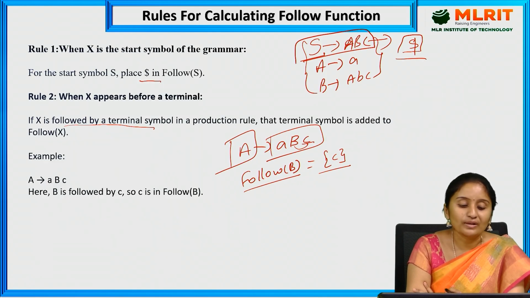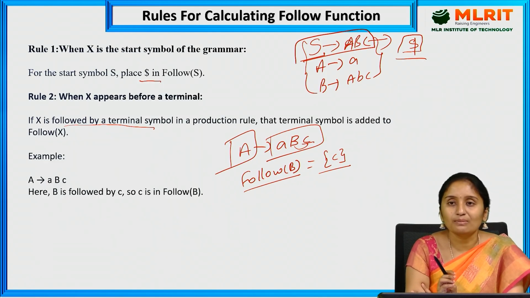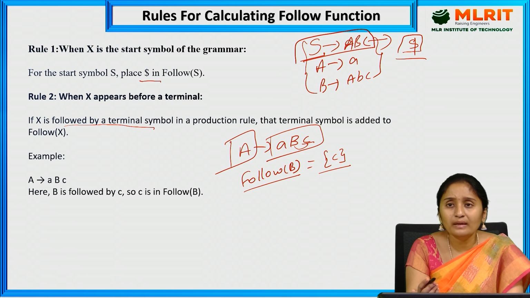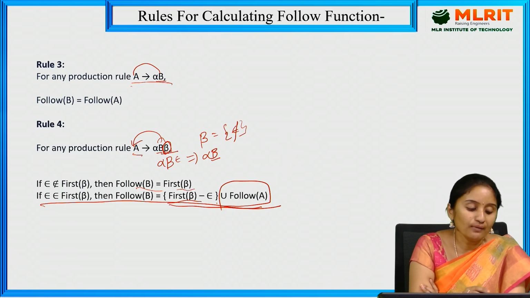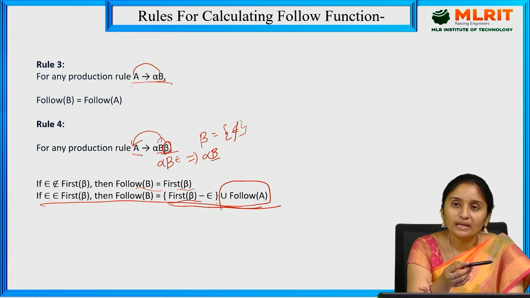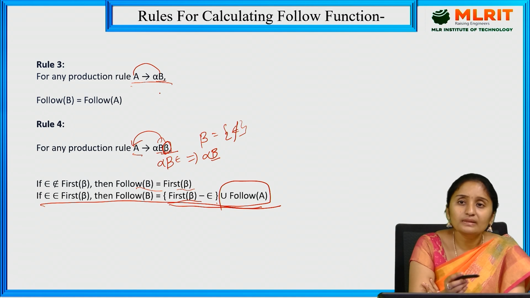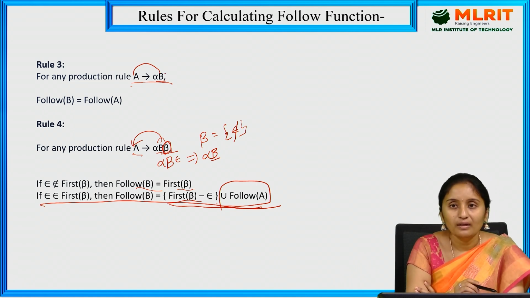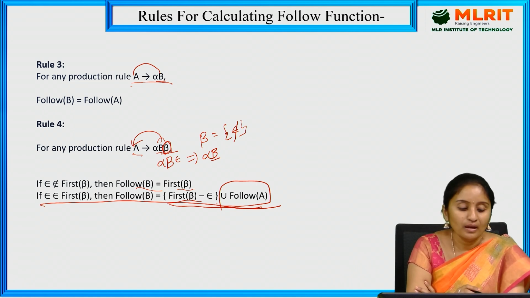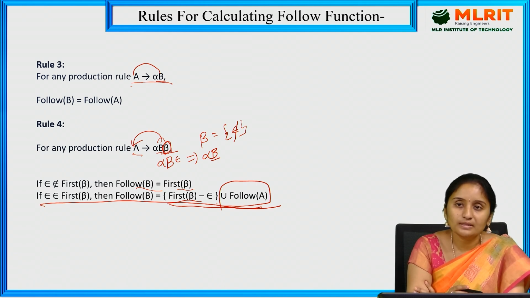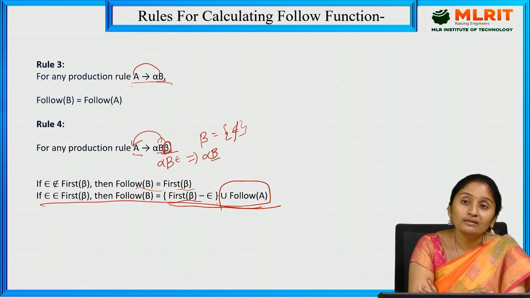Coming to the follow function. The start symbol will hold the dollar symbol. Second, if the non-terminal is followed by a terminal, then that terminal will be my follow function. Another case is if a production has nothing after the non-terminal, for example A tends to alpha B, then we find the follow of A. If something is present after the non-terminal, we calculate the first of beta.